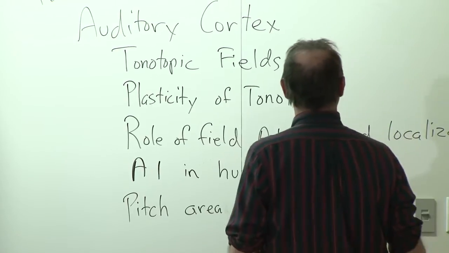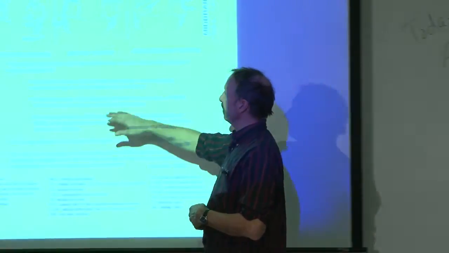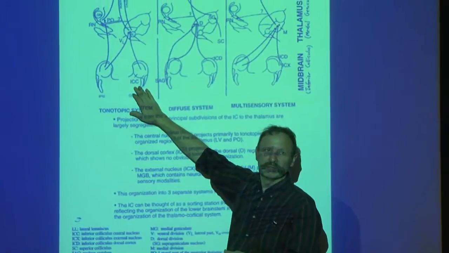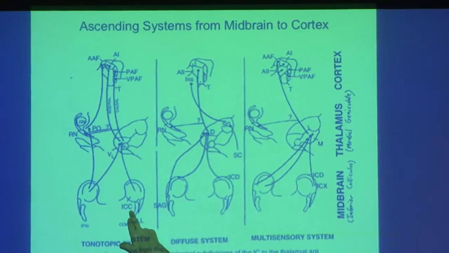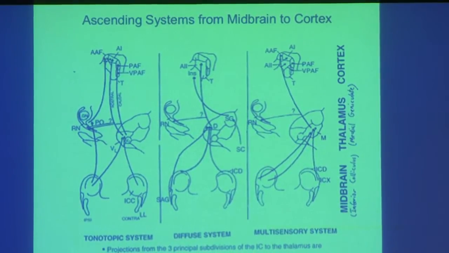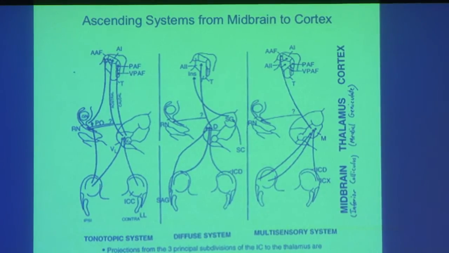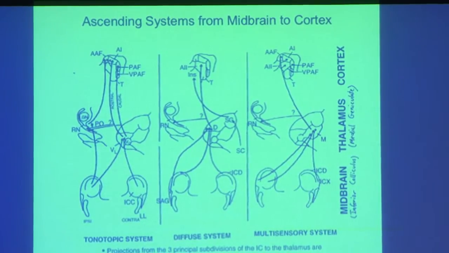And in today's lecture, we have a little slide of the inferior colliculus. And the big part of the inferior colliculus diagrammed here is the central nucleus, the ICC. And that structure has been well studied, in part because it's the big part. It's easy to record from. It's deep in the brain.